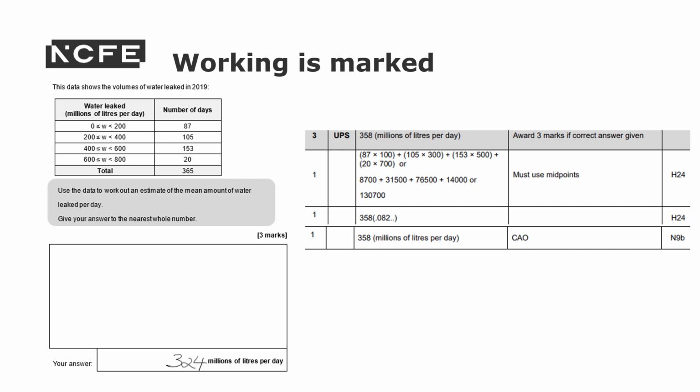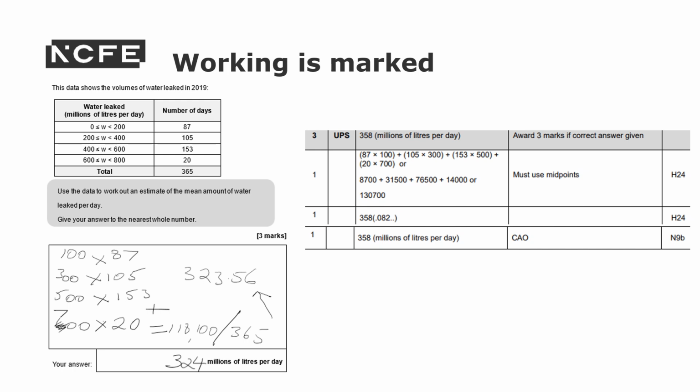So let's take a look and see if we can see their working. Okay, we've got their working here, and actually in this particular instance we can award the learner 1 out of 3 marks because they've shown us the strategy of multiplying the midpoint.